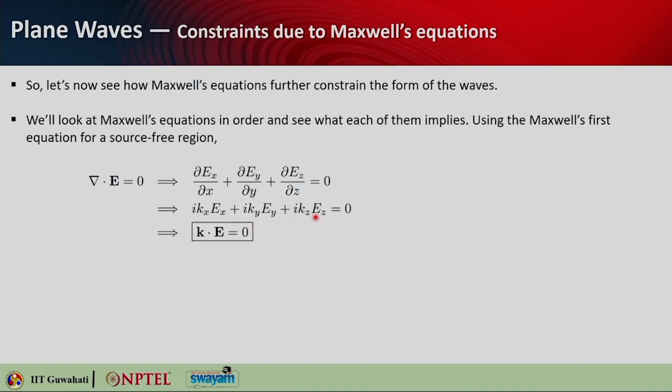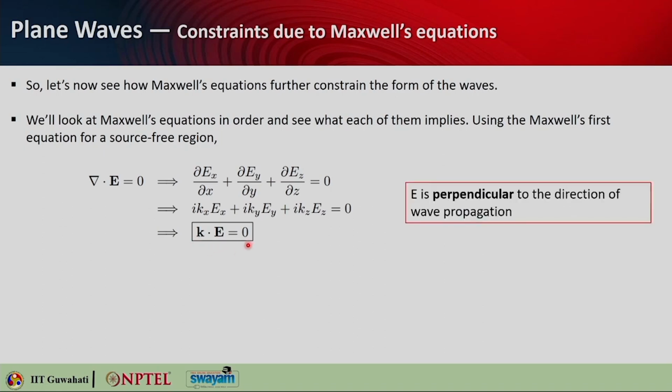From this equation, you take i common, and because it's 0 on the other side, it simply becomes kx Ex plus ky Ey plus kz Ez. This is nothing but the dot product of the k vector and the E vector. So k dot E is 0. When two vectors have dot product 0, it means they are perpendicular to each other. It means the electric field is perpendicular to the direction of wave propagation.